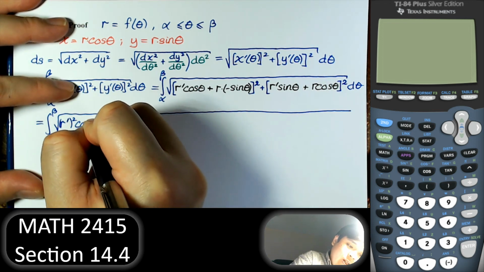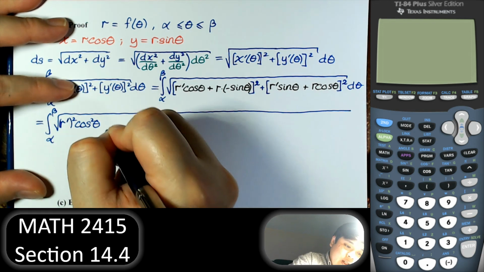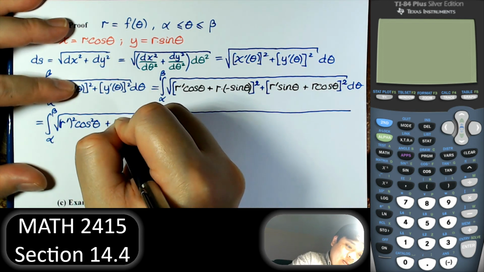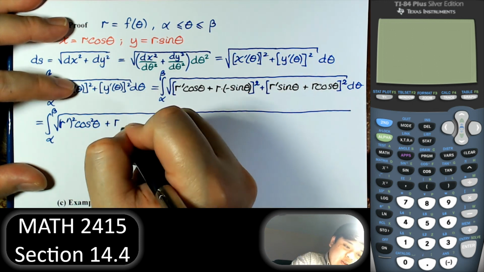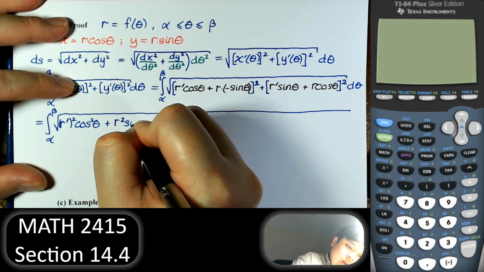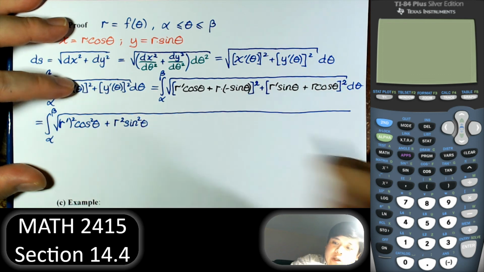Cosine squared, and then that r is negative, so that becomes negative, so r squared sine squared away.